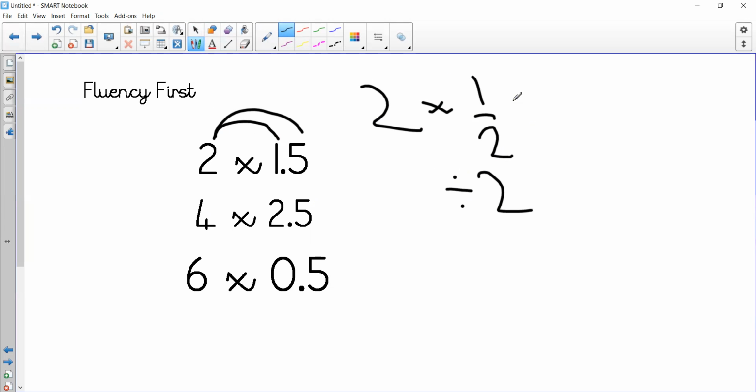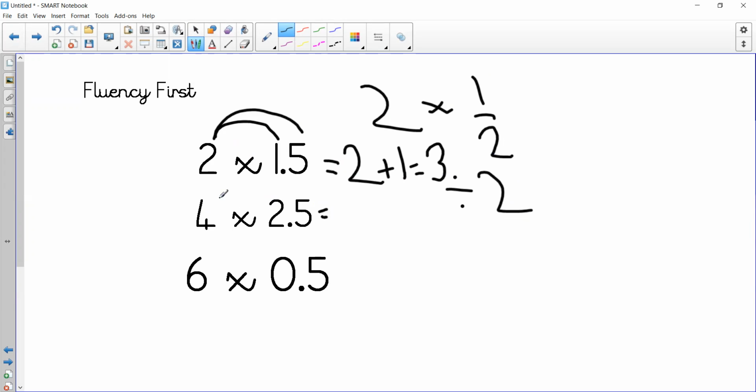Because remember, if we keep flip, we change that to a dividing sign and flip that. 2 over 1 is the same as 2. So 2 times 1 equals 2. And then we're adding 2 times a half, which is 2 divided by 2, which is 1, which then altogether equals 3 altogether.